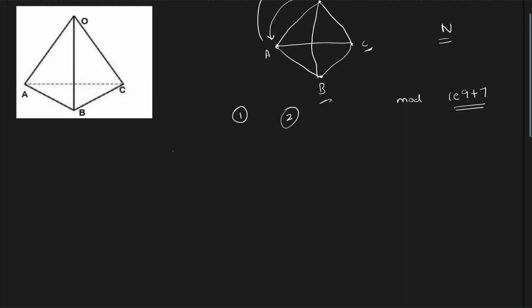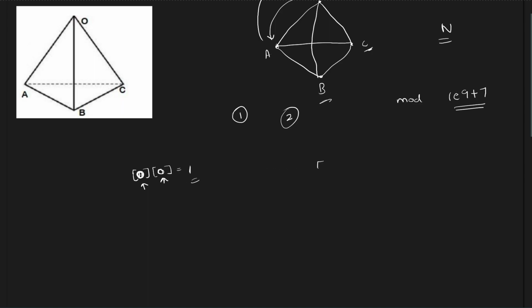Now here we know that if I have 0 steps left, right? If I have 0 steps left, then if I am at the O position, then my answer is 1, because there is only one way to reach O, that is by doing nothing.